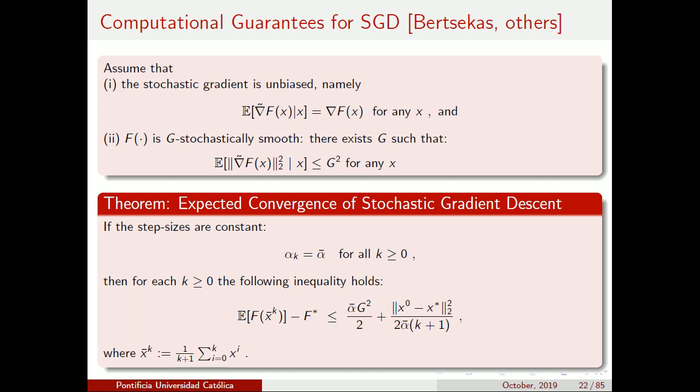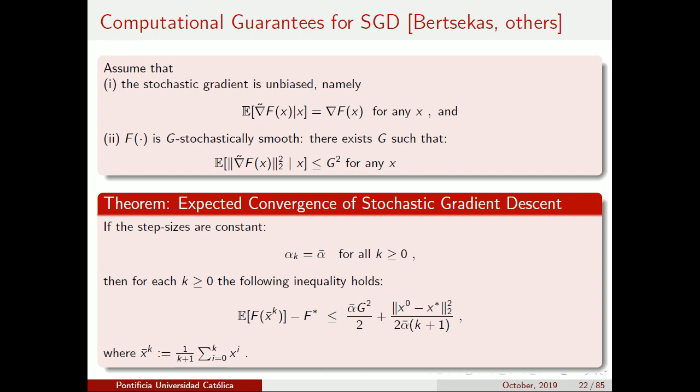This says the norm of my stochastic gradient squared in expectation is at most some number G squared. And this is very easy to satisfy. Just think of it as all of my gradients, all of my derivatives, are bounded. But it's even weaker: it says only that the expected values are bounded.